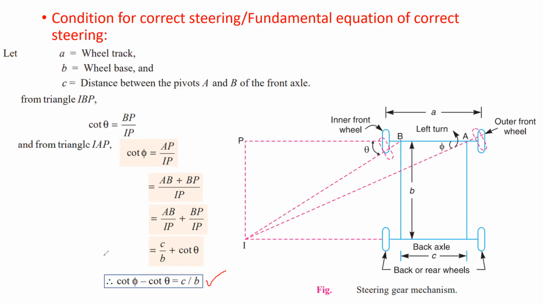Of these two, the Davis gear is a mathematically correct mechanism which satisfies this equation at all turning angles. Whether your turn is very sharp or just a minor turn, in all the turning angles this equation is satisfied in the case of the Davis steering mechanism. We will see its construction in the next slide.